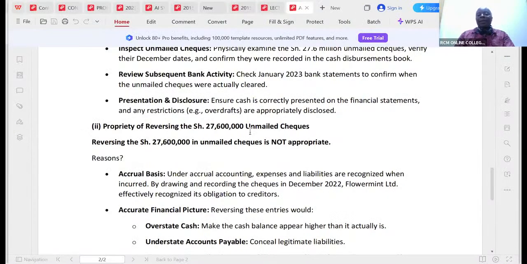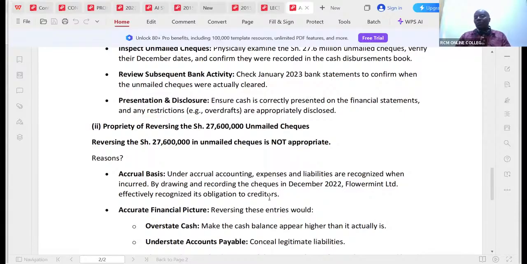So I already have the answer with me here. The propriety of reversing the 27.6 million in unpresented checks is not appropriate. Reasons: accrual. Under accrual accounting, expenses and liabilities are recognized when incurred. By drawing and recording the checks in December 2022, Flour Mint Limited effectively recognized its obligations to creditors.